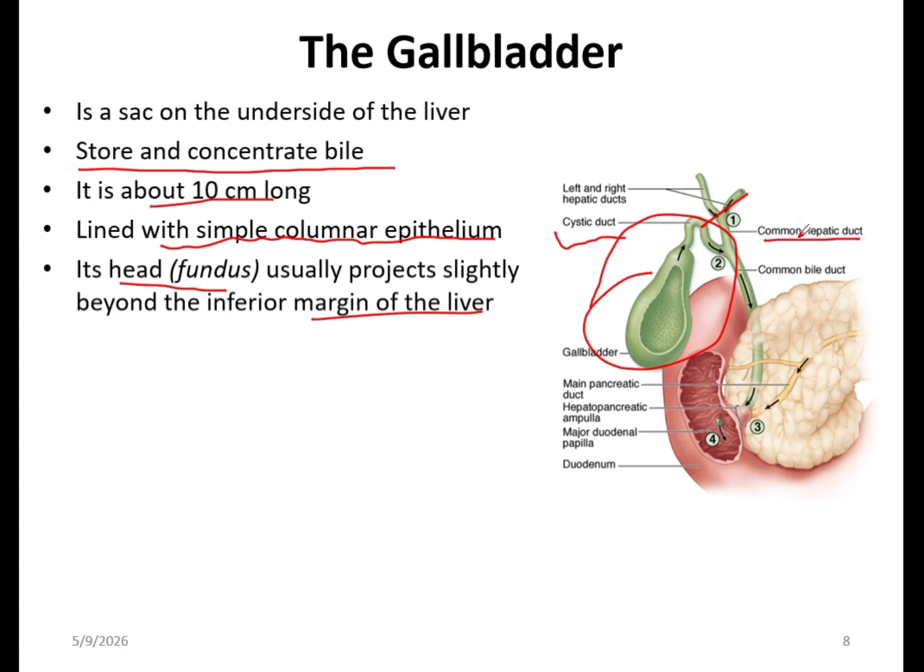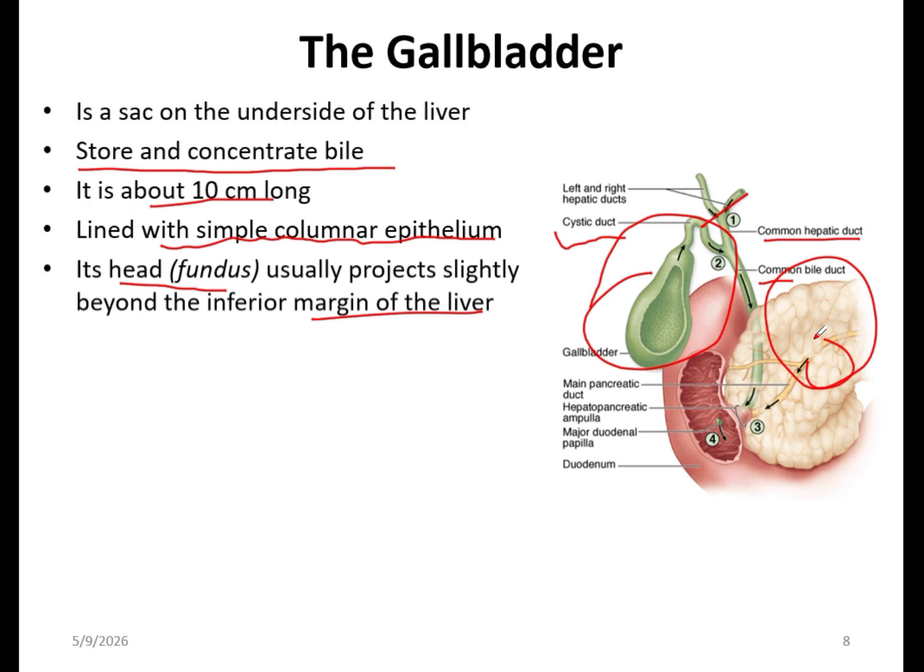So the common hepatic duct is step 1, and the gallbladder releases the duct known as the cystic duct. Now the cystic duct and common hepatic duct mix again and are known as the common bile duct, right? This common bile duct goes forward, and here is the pancreas.